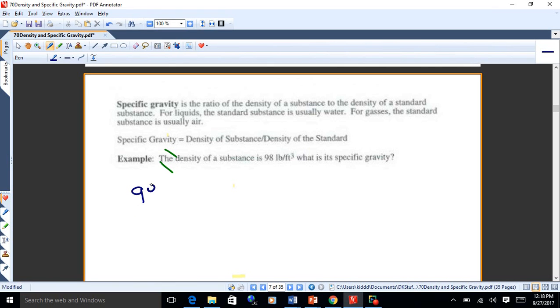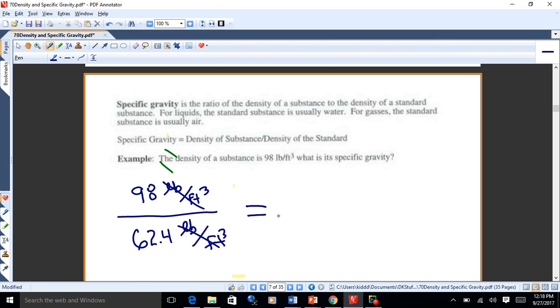So I'd take 98 pounds per cubic foot and compare it to water, which is 62.4 pounds per cubic foot, a known value for water. Notice the units just cancel, and you do the division, and that's 1.57. That's a unitless number. It's just a ratio between water and whatever the substance is.